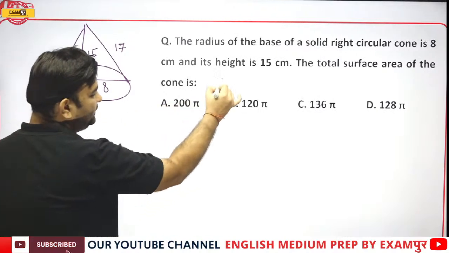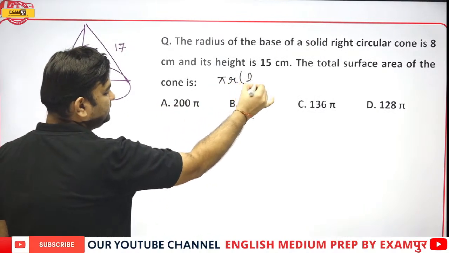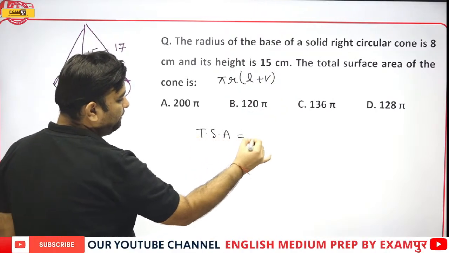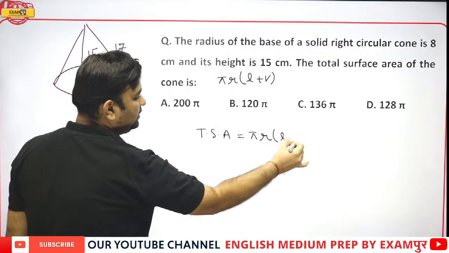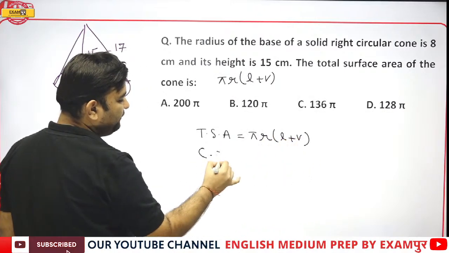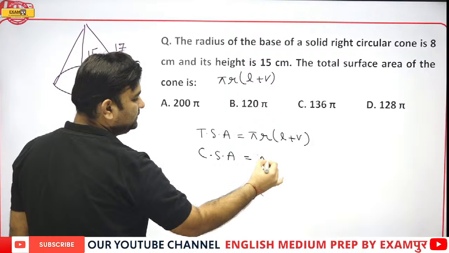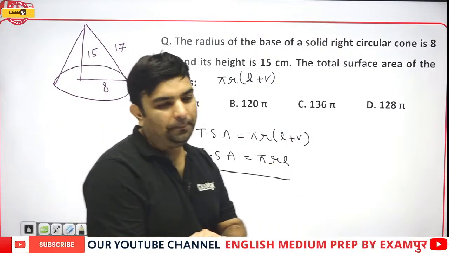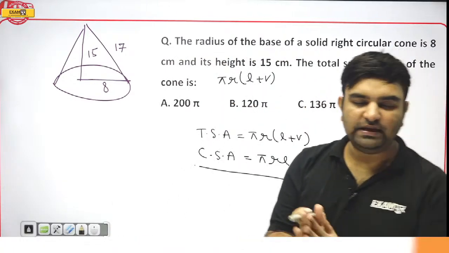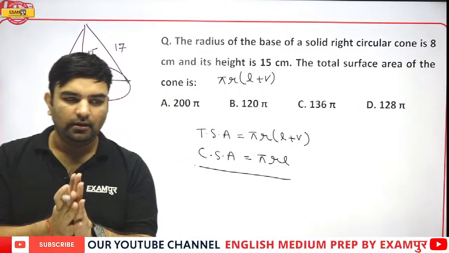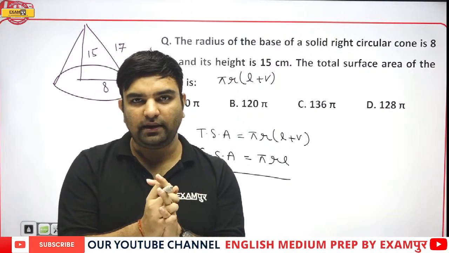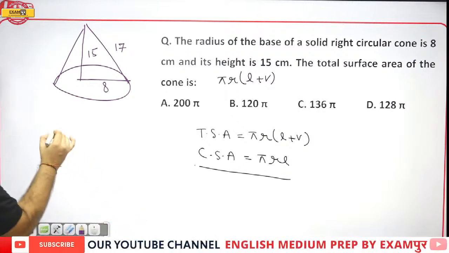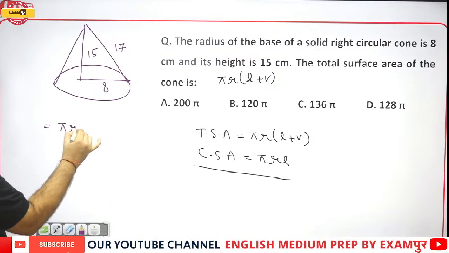Total surface area of the cone is pi r (L plus r), whereas curved surface area is only pi r L. They are asking the total surface area, pi r (L plus r).